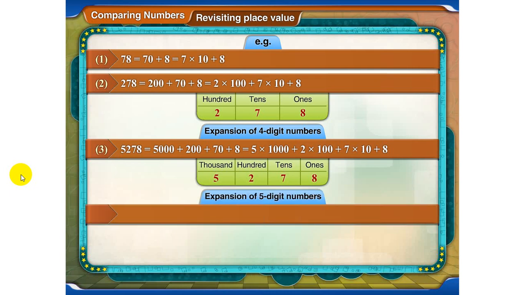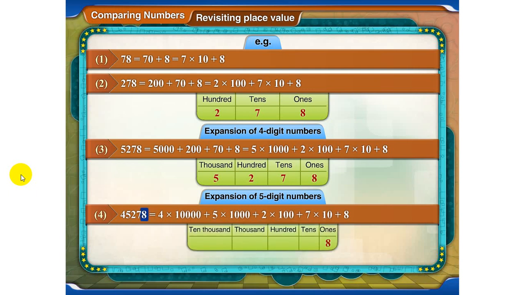Similarly, we find expansion of five-digit numbers like 45,278. This is equal to 4 into 10,000 plus 5 into 1,000 plus 2 into 100 plus 7 into 10 plus 8 into 1.